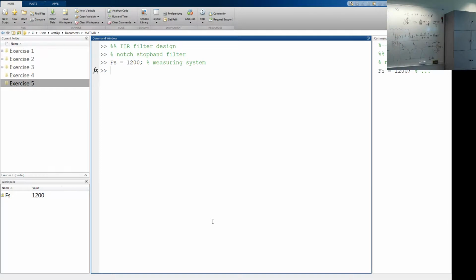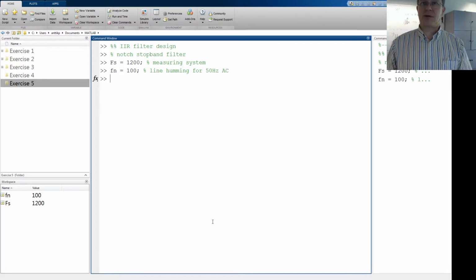The negative cycle still has the positive light, so it's rectified. Anyhow, so this noise frequency is 100 hertz. That's common in Europe. Line humming. Of course, nowadays we also have all sorts of other humming sources with higher frequency because of the switch power supplies.